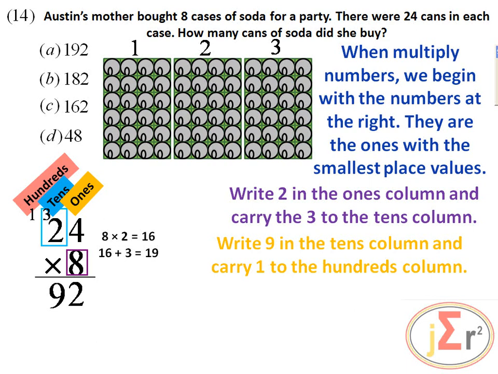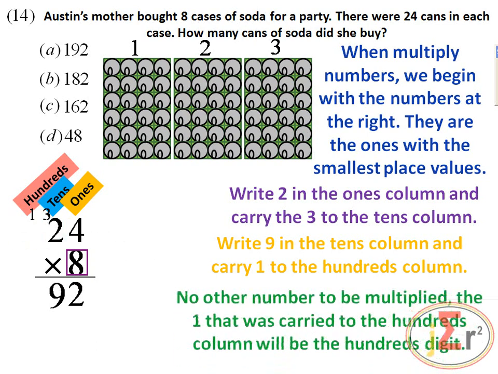And with nothing to multiply, it is the only thing present in that column, and it will take its rightful place in the product. No other number to be multiplied. The one that was carried to the hundreds column will be the hundreds digit. And we may have written it down some while ago, but we are just making use of the fact that it was actually carried to the hundreds column.